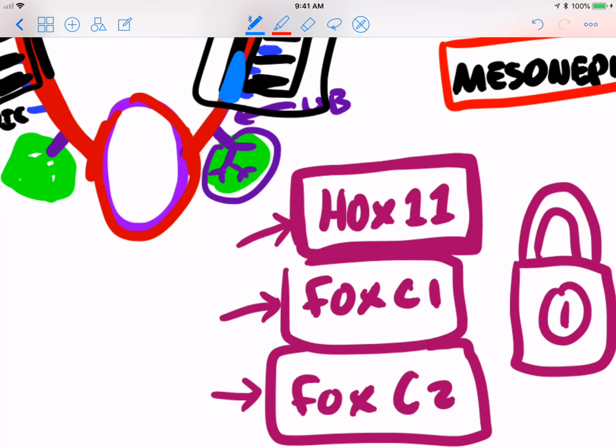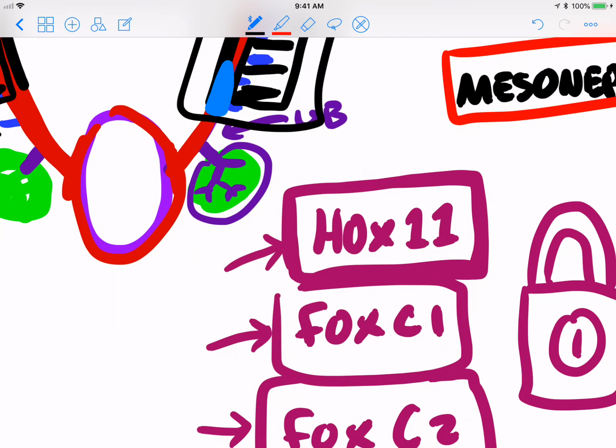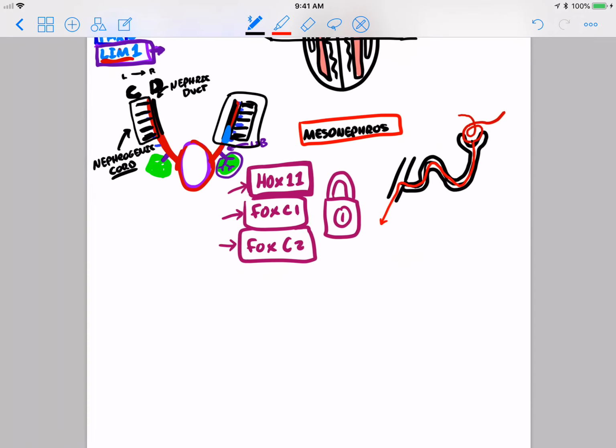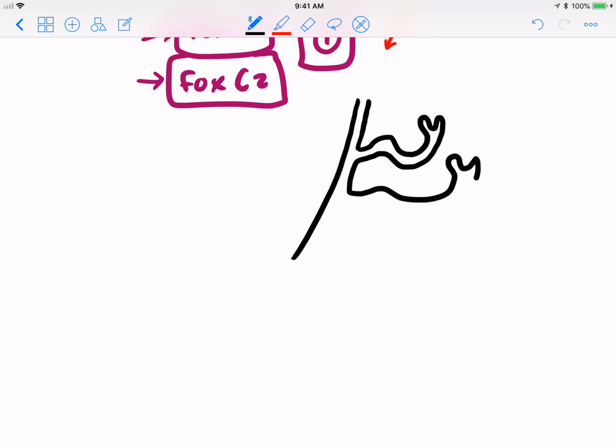Now let's take a look at what's happening in this mesonephric duct. So within the mesonephric duct, let's just say we have all of these things connecting, and we have more of them, right? And these are our temporary excretory units.